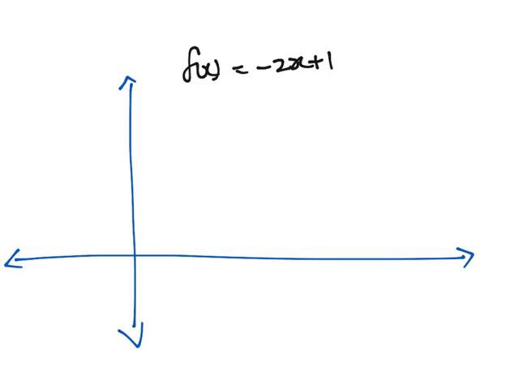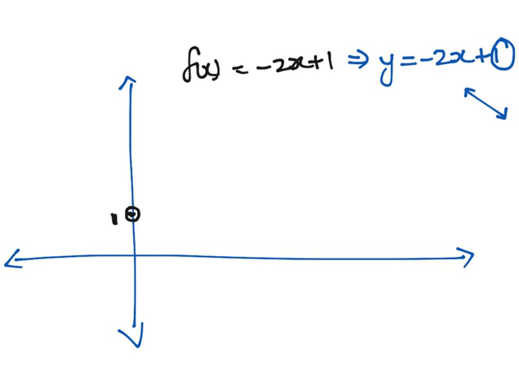So this means y equal to minus 2x plus 1. The slope is negative, so the line will look something like this. And the y-intercept is 1, so the line will pass through this point.